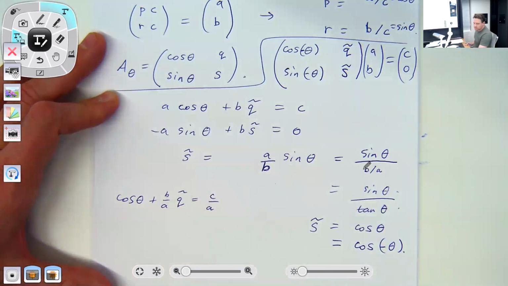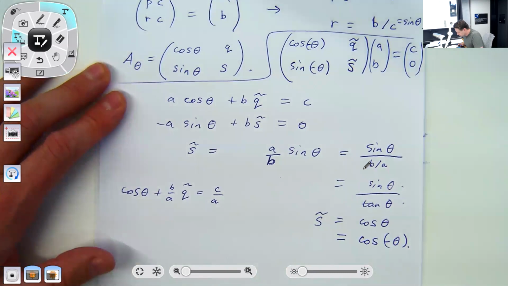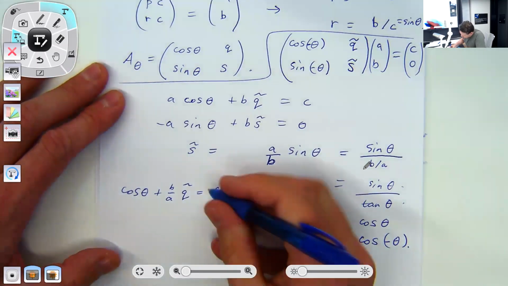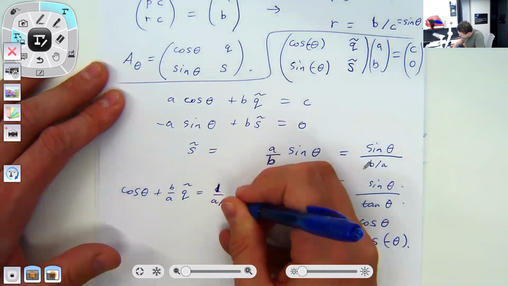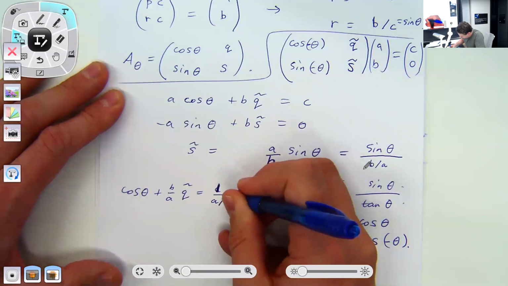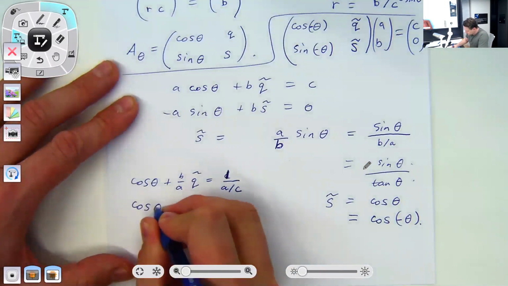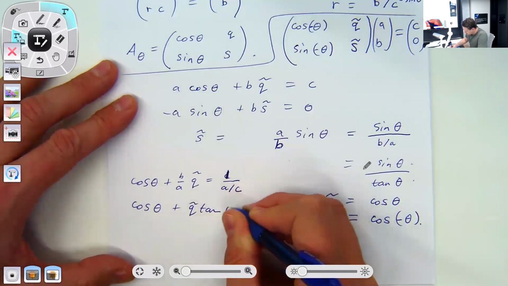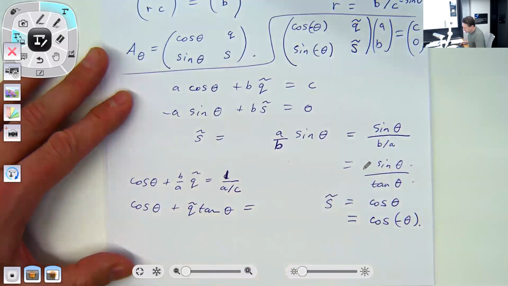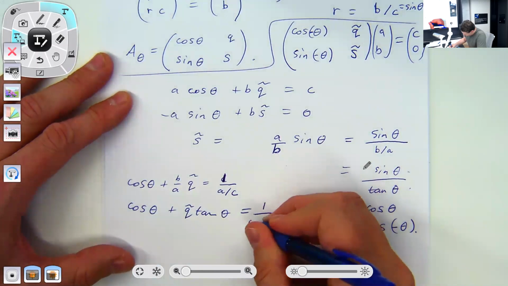Because the c over a and the b over a we can replace straight away with trig ratios. Or the a over c, right? So we'll actually put 1 over a over c for that one. Okay, so we have cos theta, we have q tilde tan theta, and then on the right-hand side, a over c was cos, so we have 1 over cos theta.